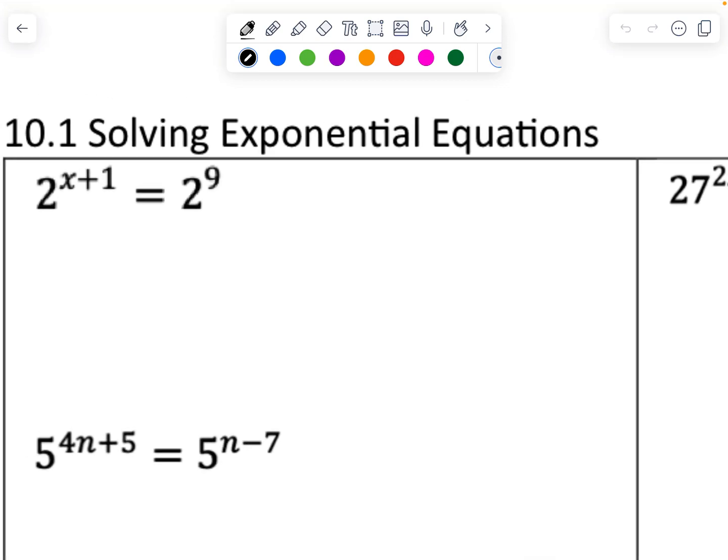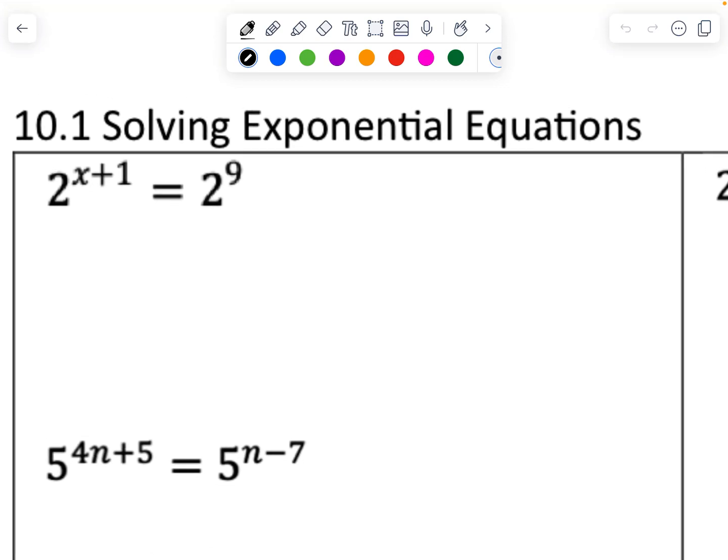So if we look at our first example here, this is an exponential equation because this right here is an exponent. And so, by the way, is this. Because those are exponents, this is an exponential equation.